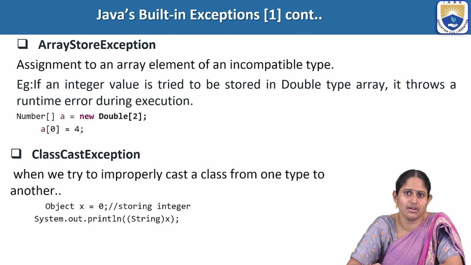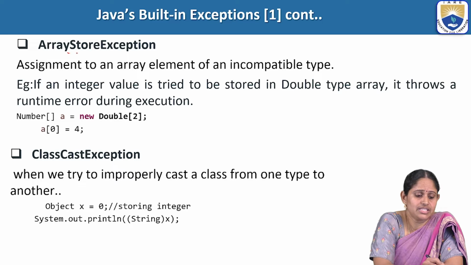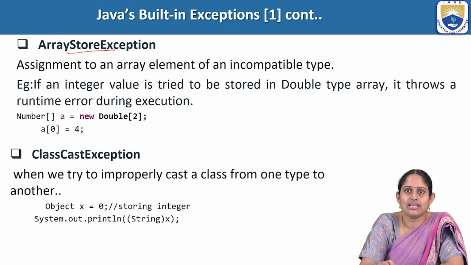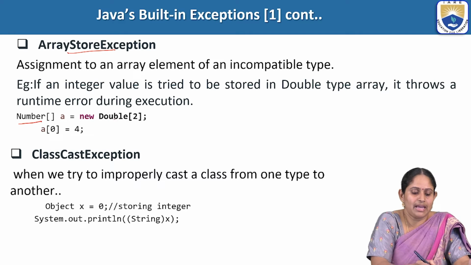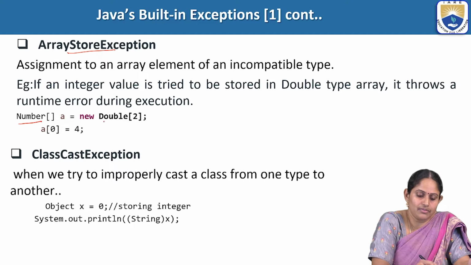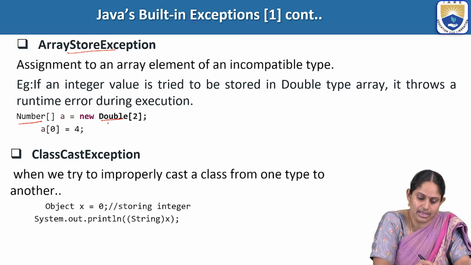Let's look into a few examples. The first one is array store exception. As I've told you, array store exception will be thrown when you try to store an element of an incompatible type. For example, here we are creating an array of Number type, and we are creating an array of Double type.